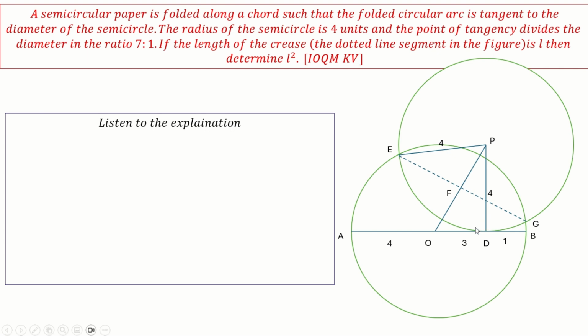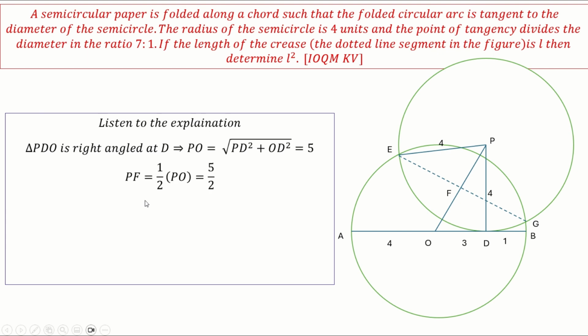Now, once you know this, PDO is a right angle triangle at D. PO will be equal to the square root of PD square plus OD square. PD is 4 units radius, OD is 3. So, obviously, OP will be 5. Now, PF is exactly half of PO.